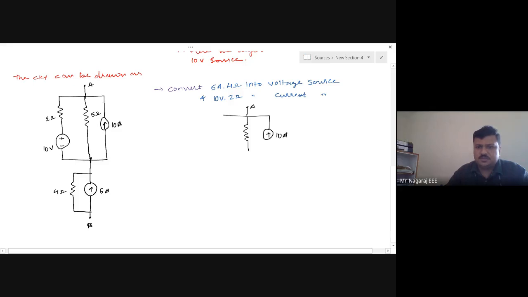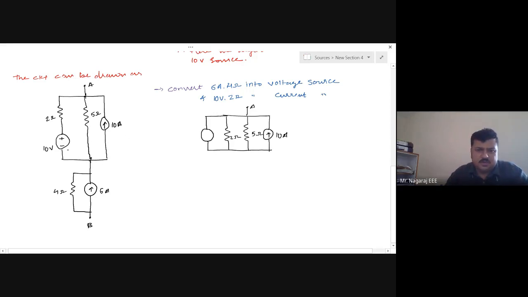So this 10 amperes is there, 5 ohms is there as it is. Now I have a current source in parallel with the resistor. Now no doubt this resistor is this 2 ohms. Okay.